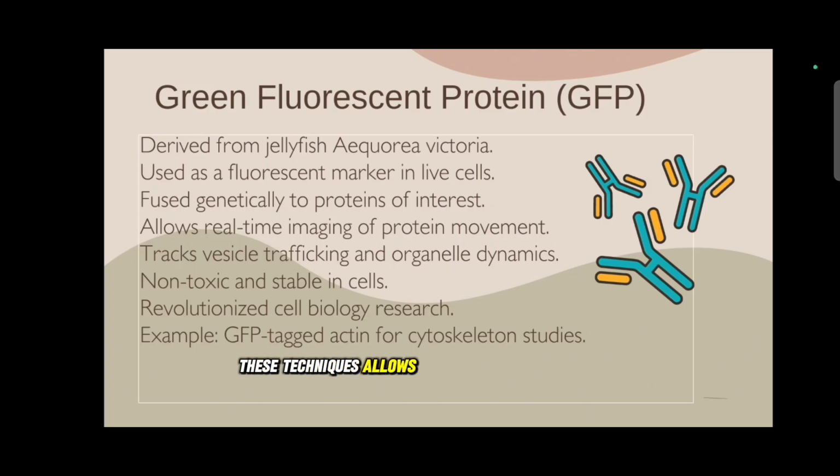These techniques allow researchers to track vesicle trafficking and organelle dynamics inside living cells. GFP is non-toxic and stable, making it ideal for cell biology research. It revolutionized how cell biology research is conducted by enabling dynamic studies. A common example is GFP-tagged actin used in cytoskeleton studies to observe actin behavior.